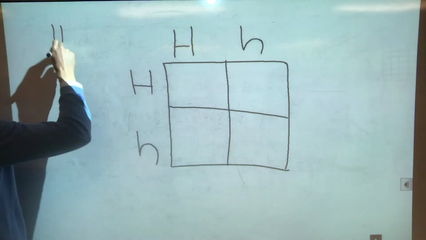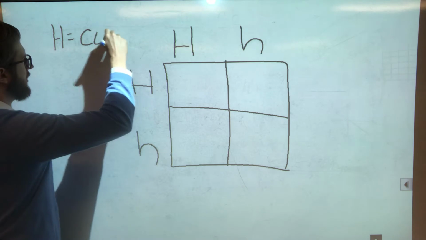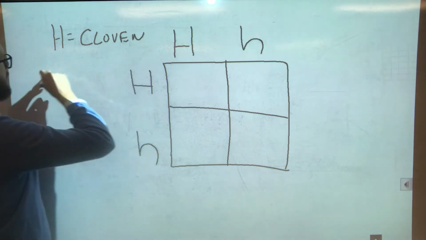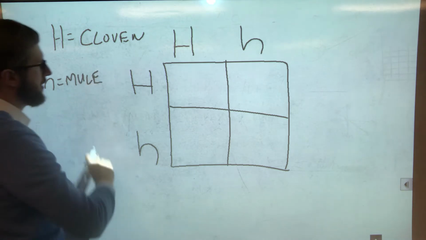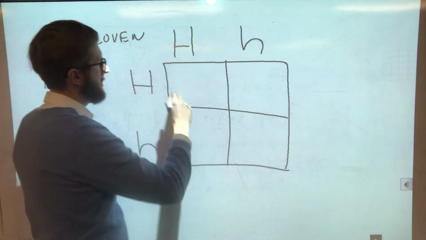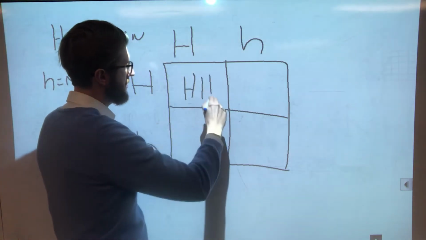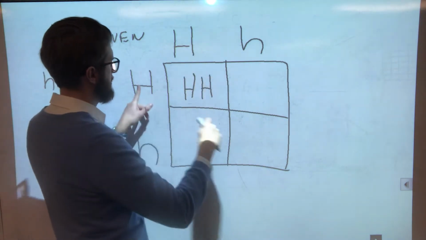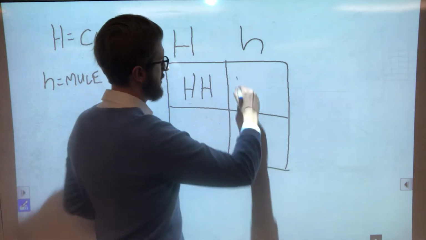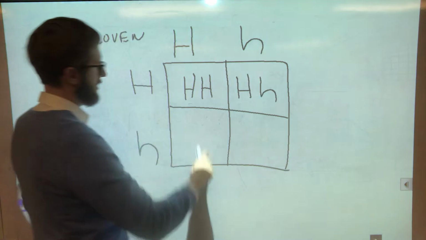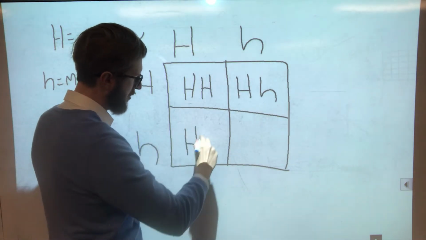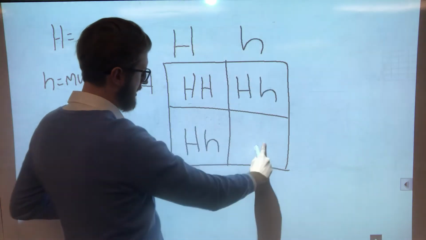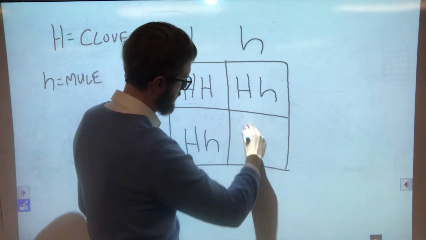Don't forget, big H is cloven, little h is mule. Okay. So this square is big H, big H, little h, big H, little h. Remember, always write the capital first, and then little h, little h.